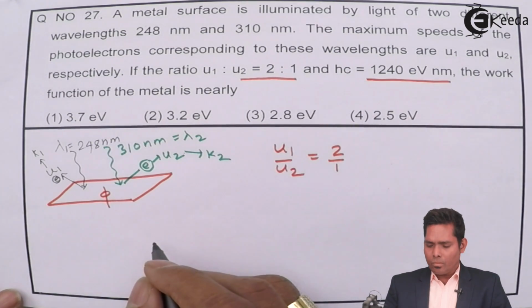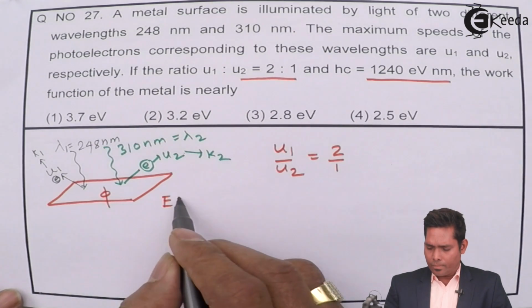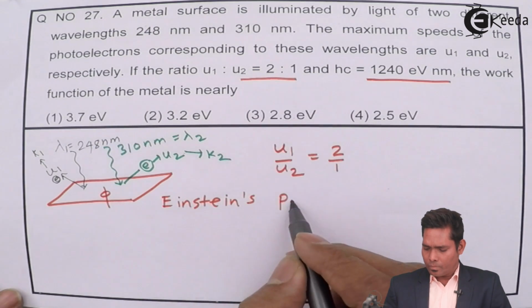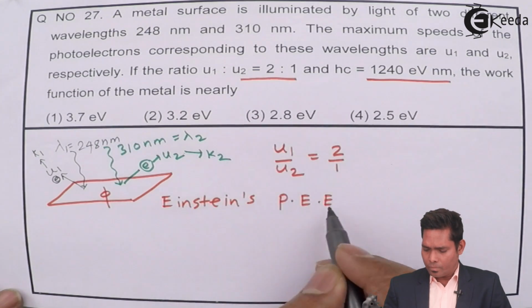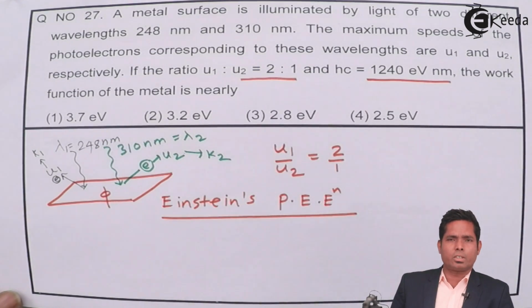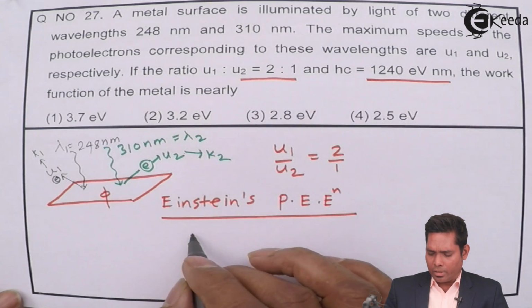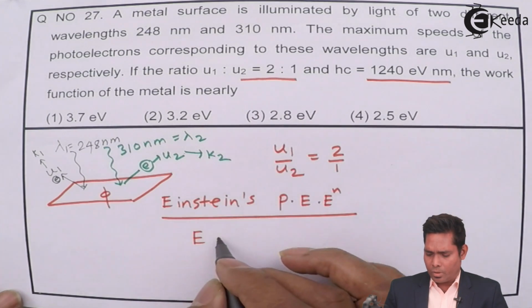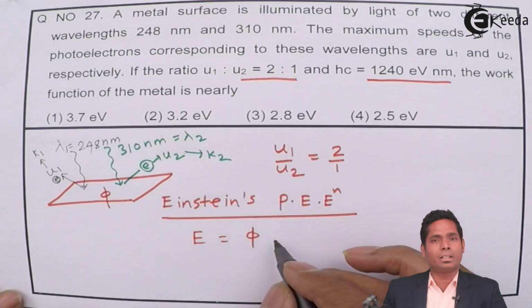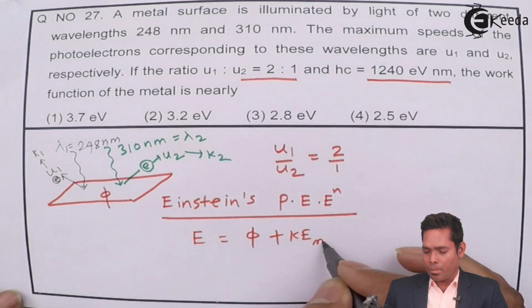Now from Einstein's photoelectric equation, the energy incident is equal to the work function of the metal plus the maximum kinetic energy.